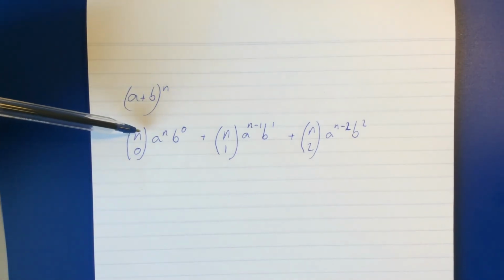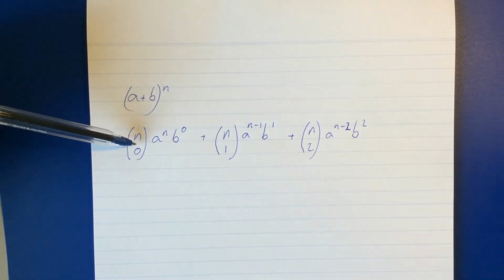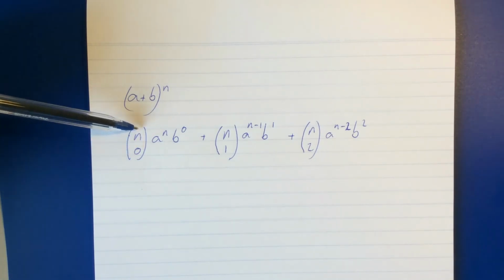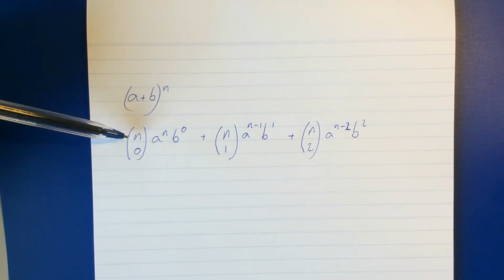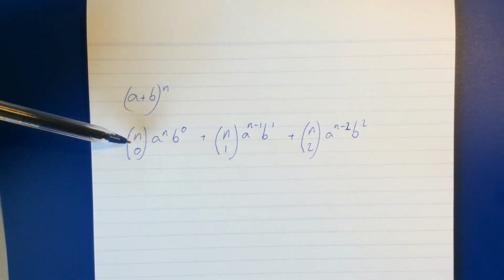So our coefficient for the first expression will be n choose 0. Now, you can go through the process that I outlined using combinations to get these numbers. It's much easier to use Pascal's triangle.